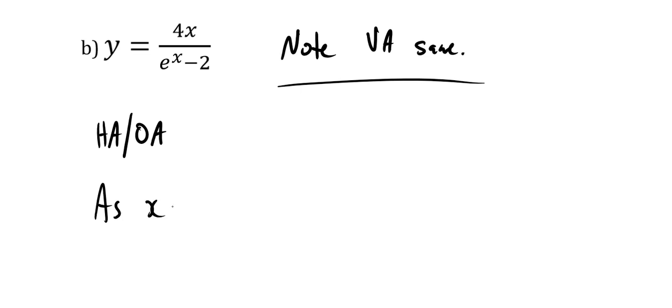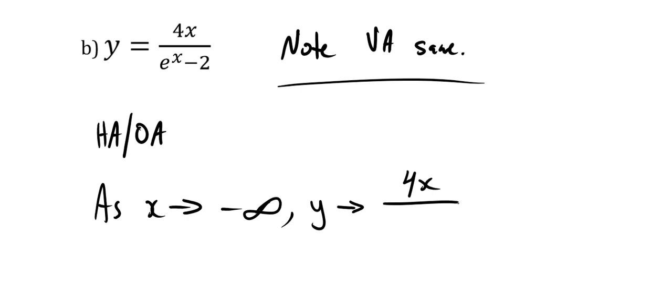As x goes to negative infinity, what happens? Same kind of thing. So this time it's 4x over 0 minus 2.